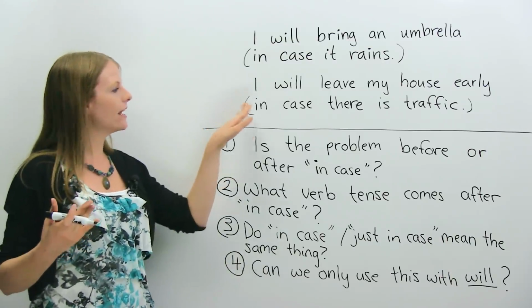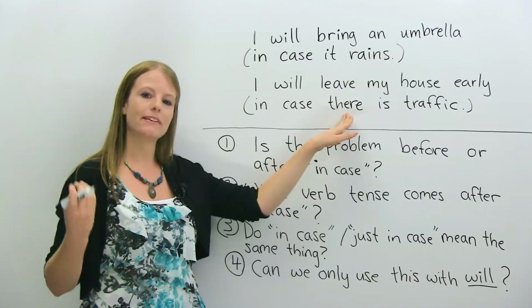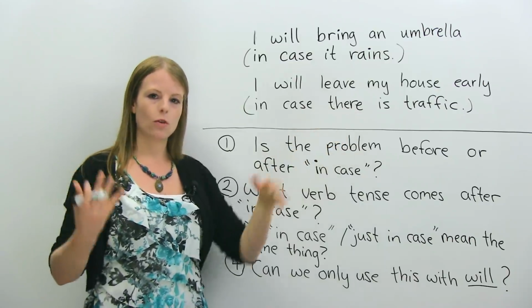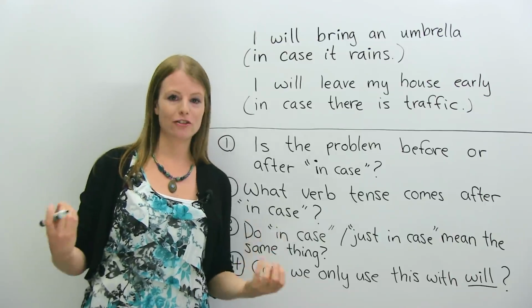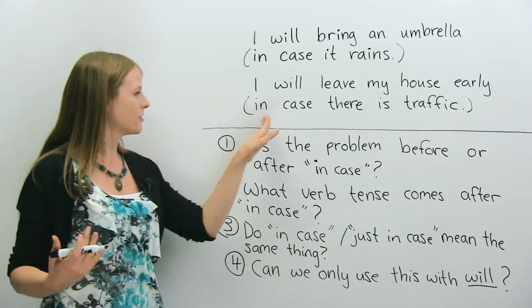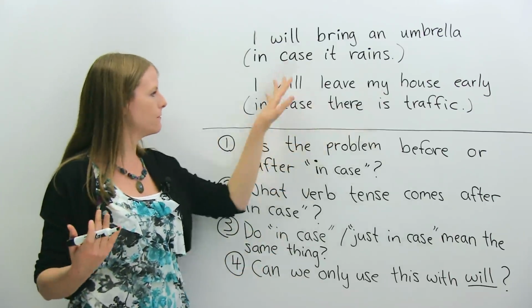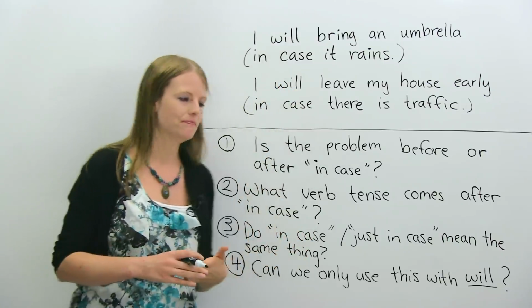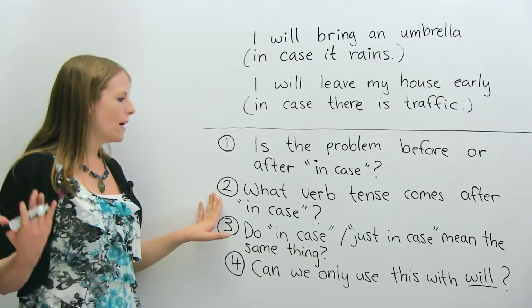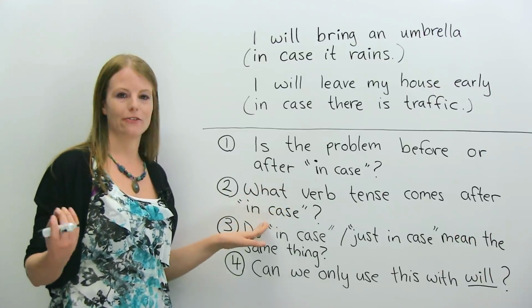Okay, and so if the problem comes after in case, what comes before in case? The preparation or the prevention. So after in case is the problem, before is the prevention or the preparation. Okay, so what verb tense comes after in case?